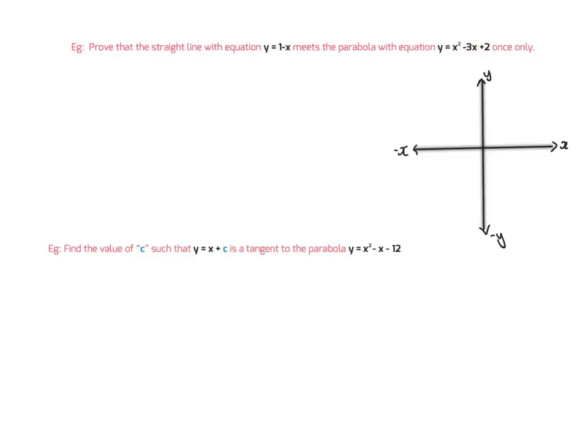Okay, so prove that the straight line with equation y equals 1 minus x meets the parabola with the equation y equals x squared minus 3x plus 2 only once. So we are going to let the equations equal each other.